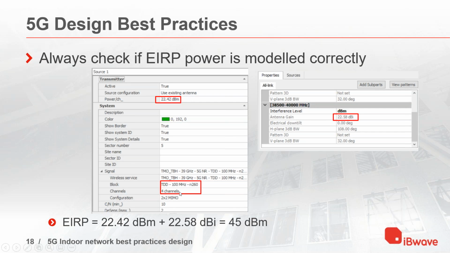Then finally, take a look at how they defined the signal, okay? They basically said, I have a 100 megahertz channel, and there will be 4 channels, which means that I'm going to have 4 100 megahertz channels. And there the configuration is 2 by 2 MIMO.